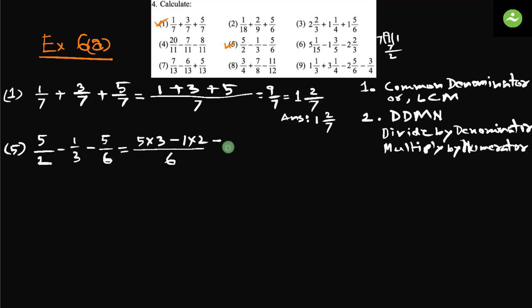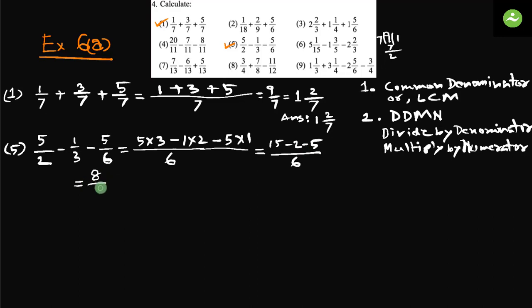Divide by 6, 1. 5 into 1 equals to 15 minus 2 minus 5 divided by 6 equals to, so 15 minus 7 means 8 by 6.